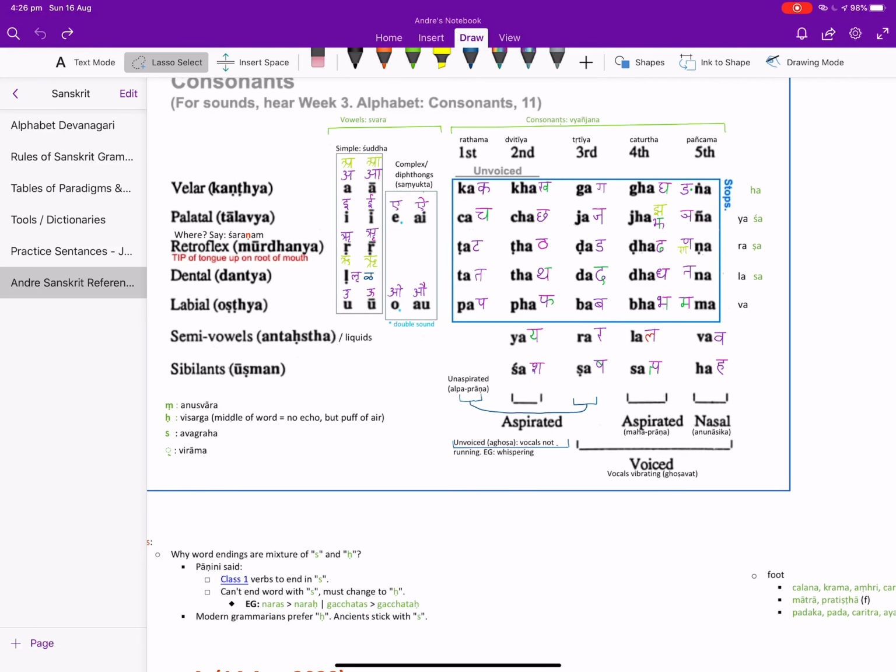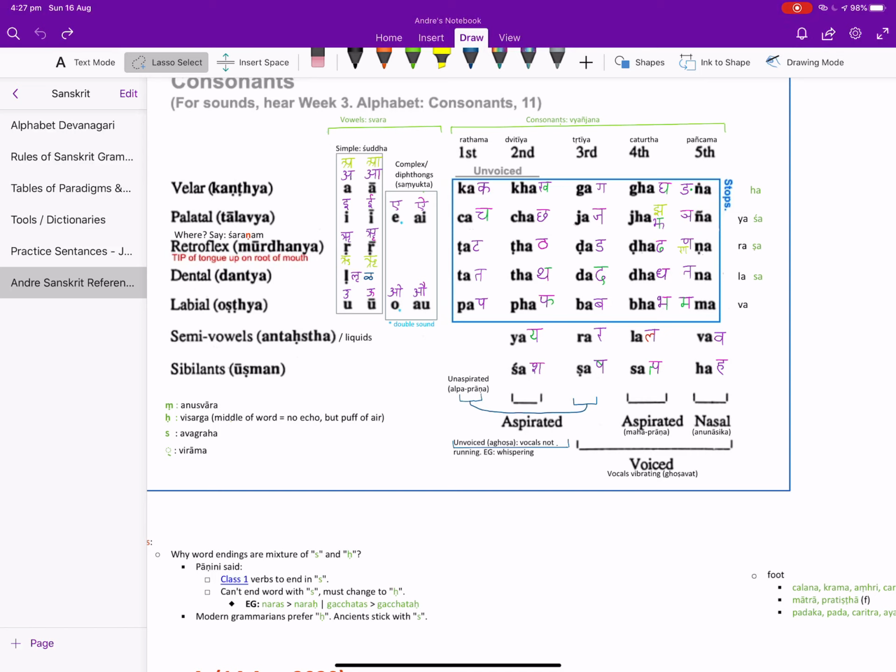Semivowels. Please remember this word, semivowels, because we will be using it. And what happens is ya, ra, la, va comes to mind. When we say va, it's not a strong v as in victory, but there is a mixture between victory and wabbit.